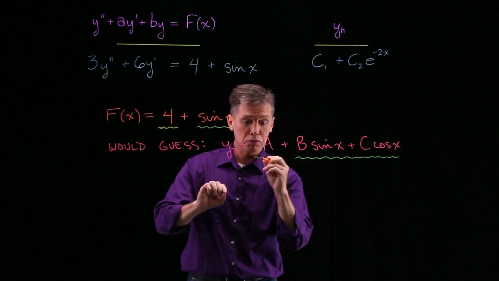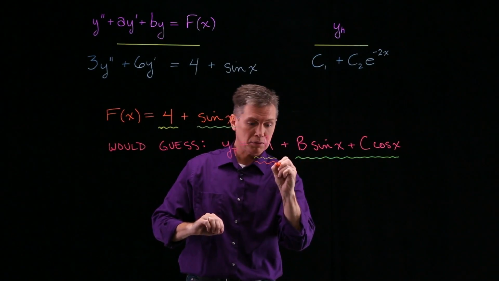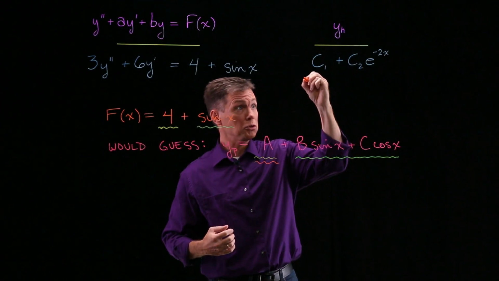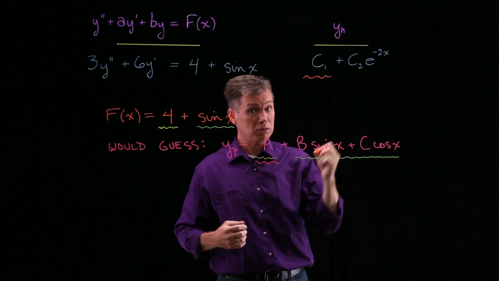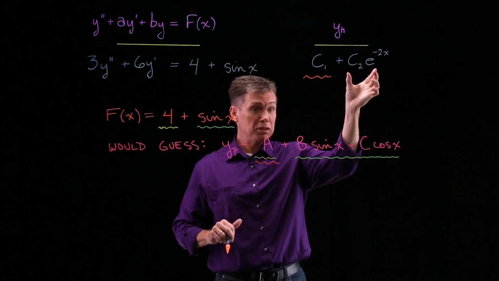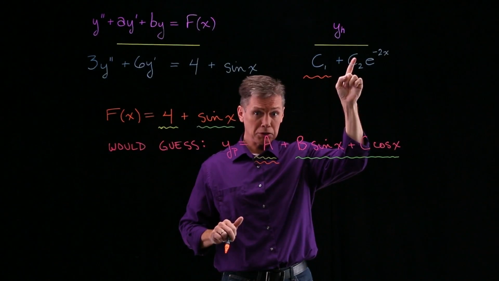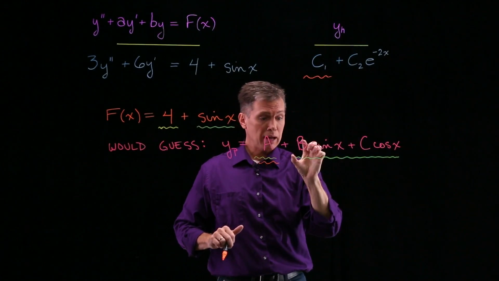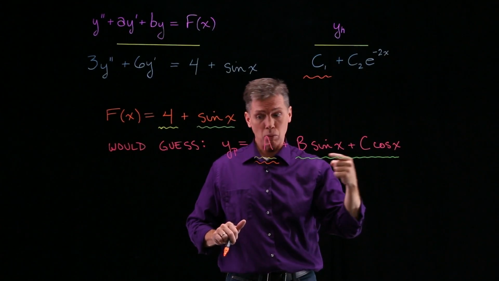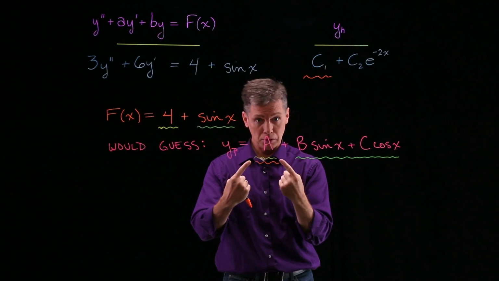I want you to notice the overlap here: the constant also shows up right there. There's a constant. There's no overlap with the exponential part of our y sub h, and also there's no overlap with the trigonometric part of our y sub p. So this is my concern.